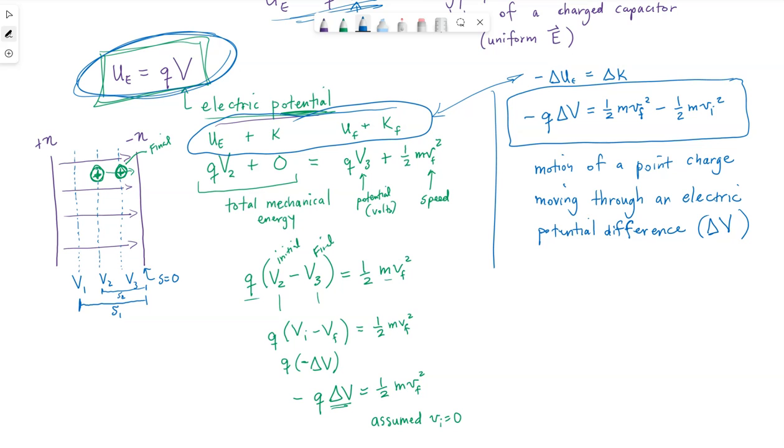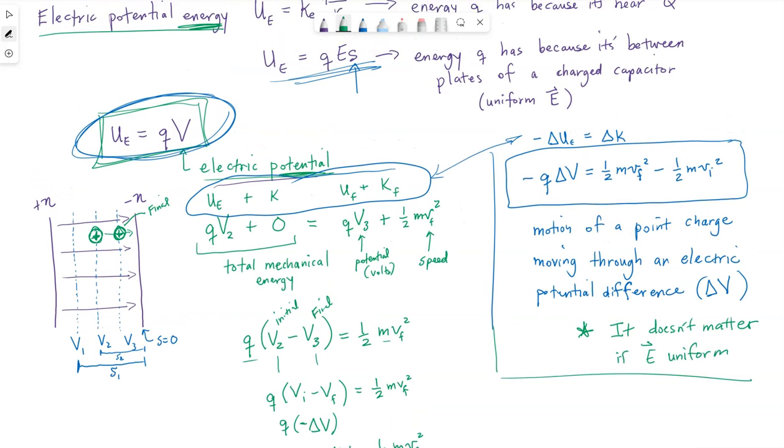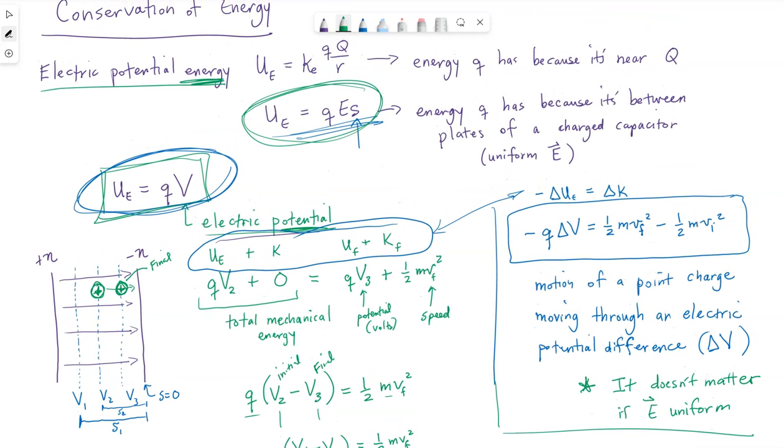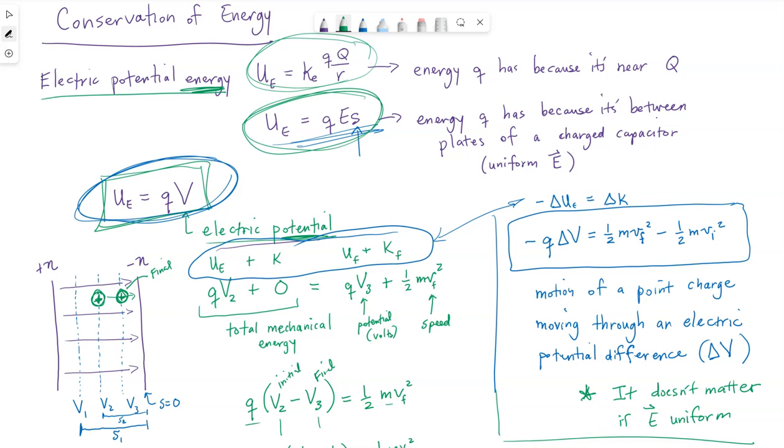But this gives us a really nice way to relate potential difference to speed. And it doesn't matter in this form if the electric field is uniform to use this in terms of delta V. What we would not be able to do, sorry for moving stuff around on you so much, is use these equations up here for potential energy if we did not have the specific situations that we described them for.